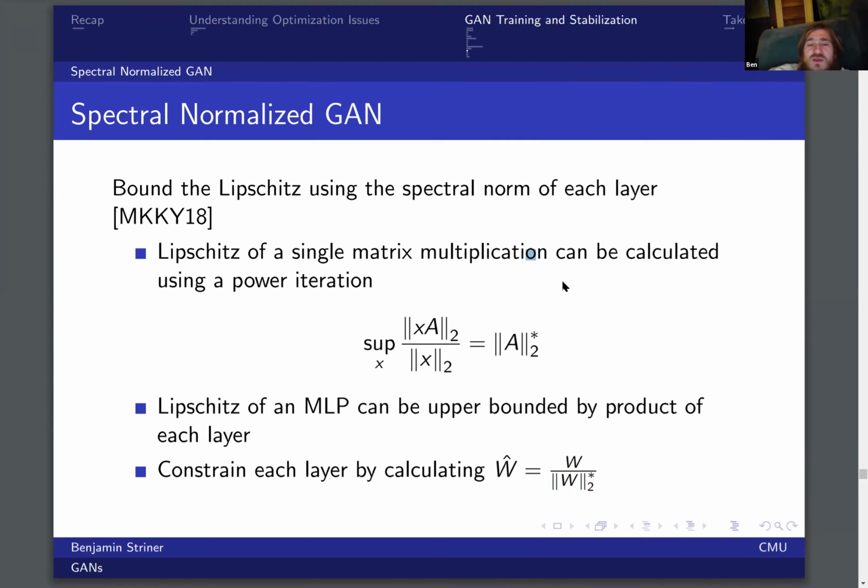So you can calculate the Lipschitz of each matrix. That is the spectral norm, basically. So the spectral norm of each matrix in each of your layers, and then the product of all of those is the total upper bound of the Lipschitz of your entire network. And if you then just divide the network by that value, then you know the network has a Lipschitz of 1.